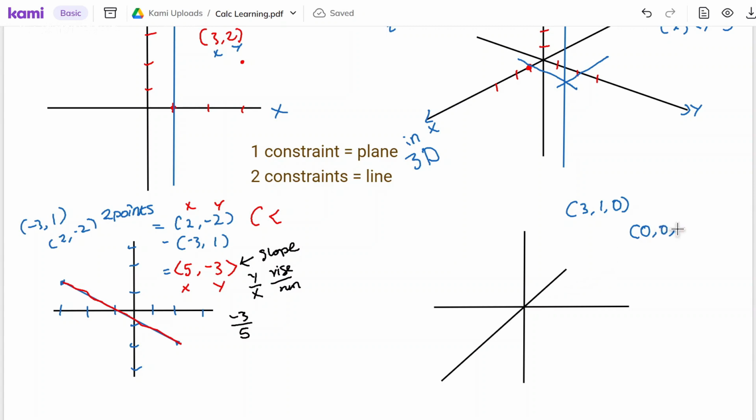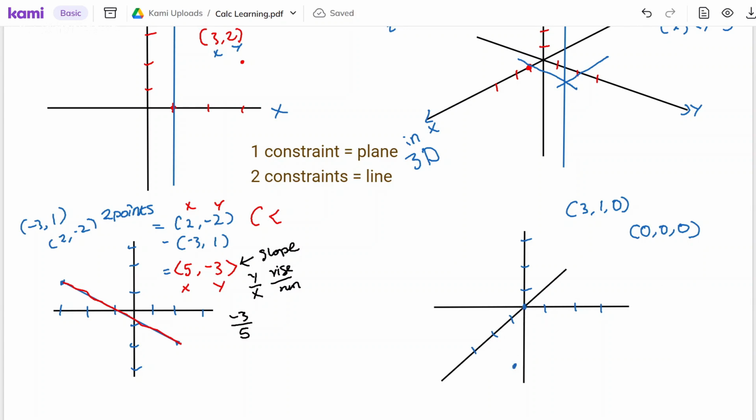Actually, let me use 0, 0, 0, which is just the origin first. So this is the origin, and then 3, 1, 0 would be 3 here and 1 here. So it would be somewhere around here, and then this is the origin.